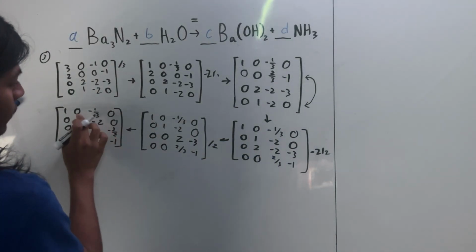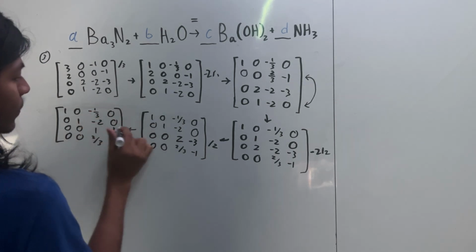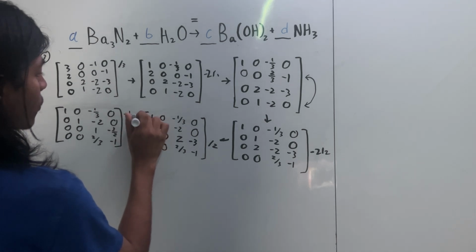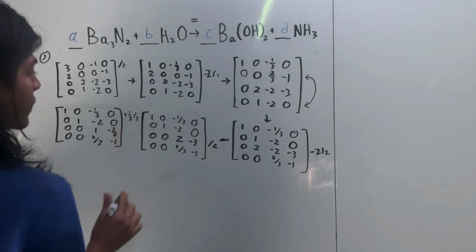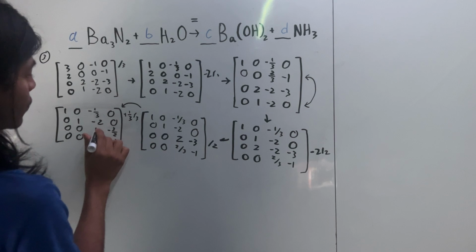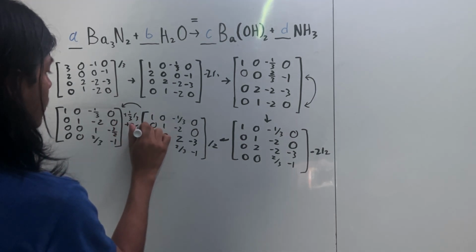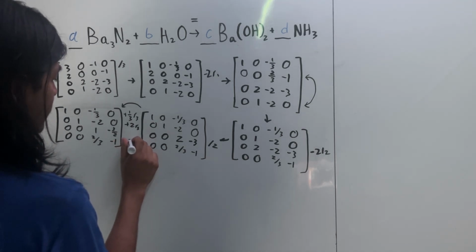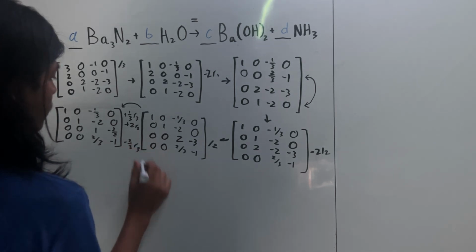For this first row, because it's negative 1 over 3, we're going to add 1/3 of row 3. And I'm just going to get rid of this arrow for now. I'll draw it right here. For row 2, we want to add 2 of row 3. And for row 4, we want to subtract 2/3 of row 3.